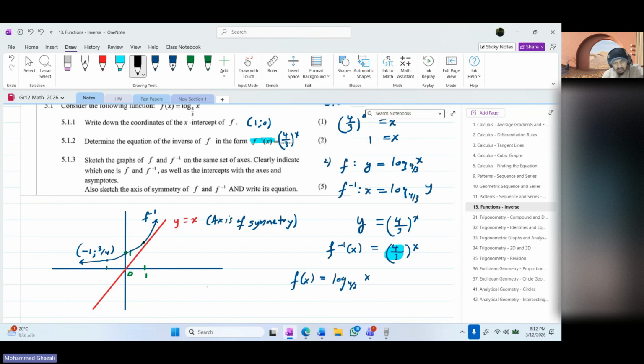So (0, 1) becomes (1, 0). (-1, 3/4) becomes (3/4, -1). You get a point here, which is (3/4, -1), right? And what about the next point? (1, 4 over 3) becomes (4 over 3, 1). You can see it's just equidistant from that line, so put a point there.